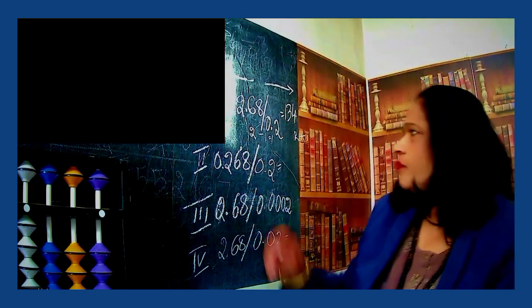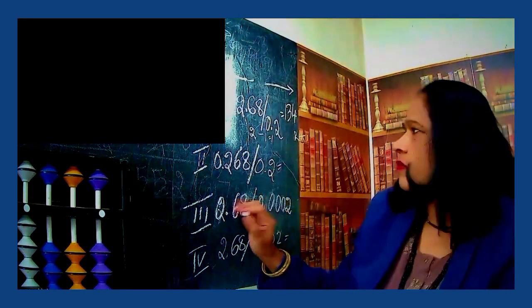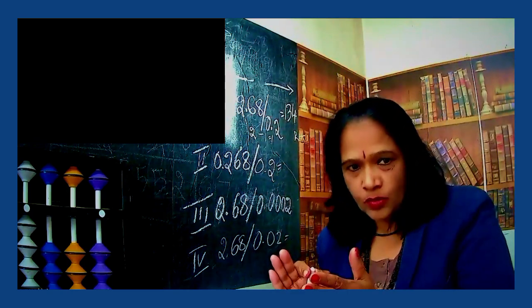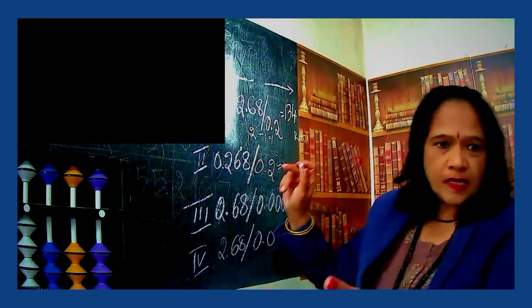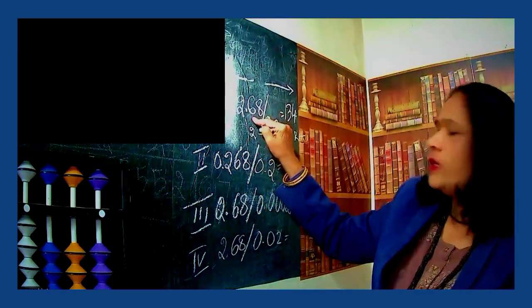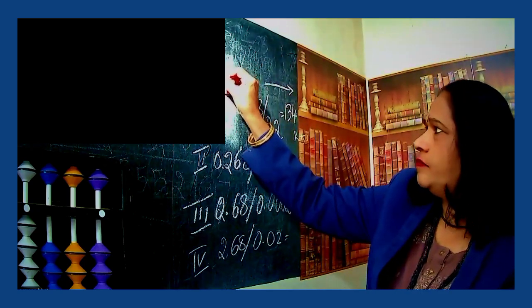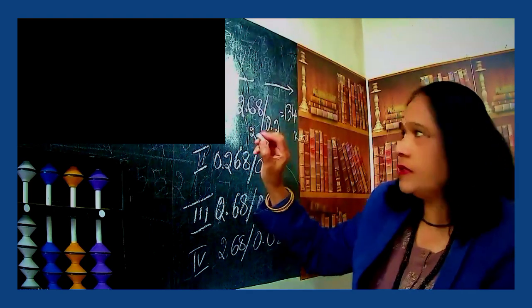After finding the difference, we should see which side has more decimal places. On the left hand side, decimal places are more, as you can see. If the decimal places are more on the left hand side, you should put the point in the answer.